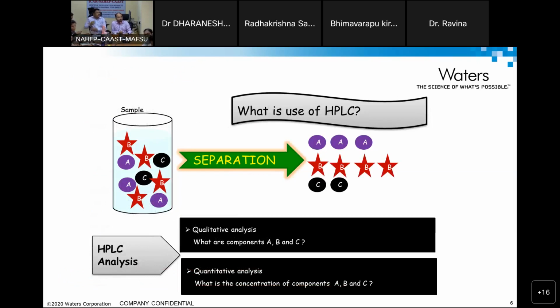Using HPLC, you can do a qualitative analysis, that is you can find out what components A, B, C are present in the sample, and you can also do a quantitative analysis, that is you can find out the concentration of the compounds A, B, C present in the sample. That means you can do identification as well as quantification of those compounds.